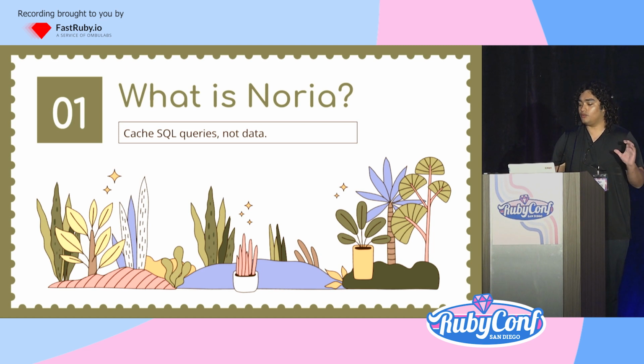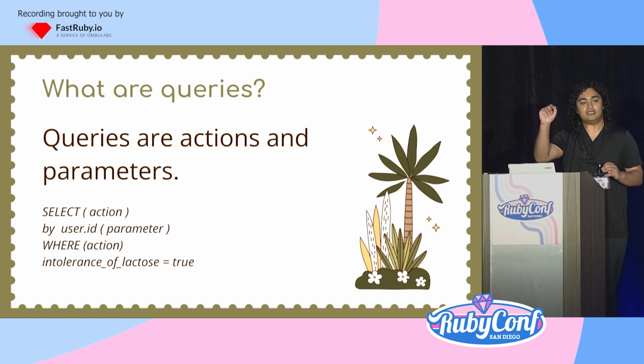So what Ready Set is, it exists between, for example, your Postgres database and your Rails app. And what it does is you pass a query to it, and then it breaks that query down into nodes. We'll get there in a second.